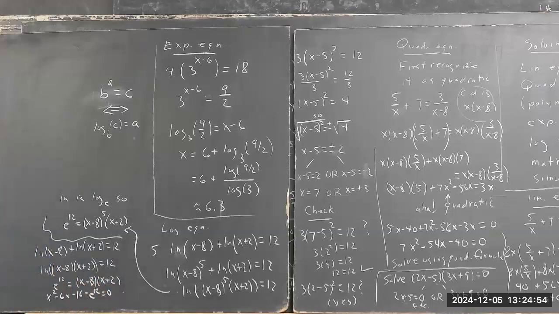Now, e to the 12th is just a number. I don't even want to hazard a guess at what e to the 12th would be, but I think maybe it would be something like 16, 17, 18,000, something like that. Punch it into your calculator and see if I did that right.